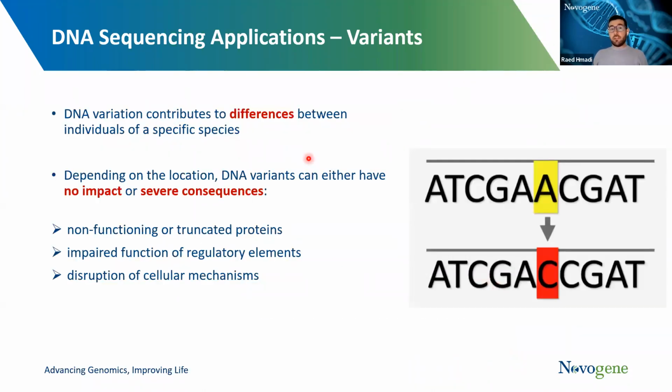DNA variation is actually very important because it contributes to the differences between individuals of the same species. More importantly, depending on the location within the genome, DNA variants can have one of two impacts. Either there is no impact, there is no effect on the organism itself, or we might actually have severe consequences.